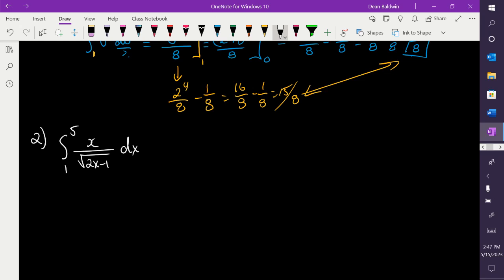All right, first move. Rewrite? Yeah, like x times 2x minus 1. But that's not going to help you, though. You could do that, but that's not going to help you. You're going to have to do some sort of u substitution.